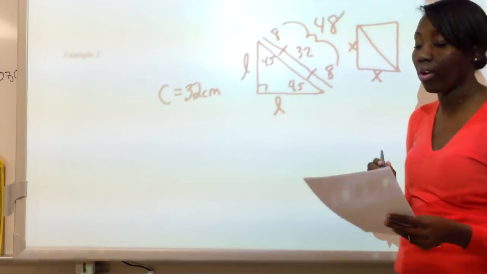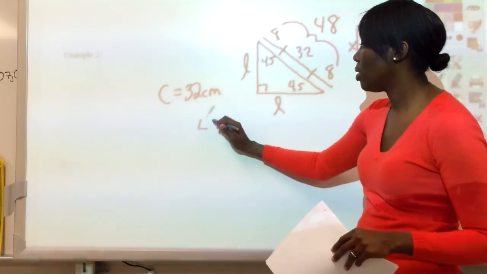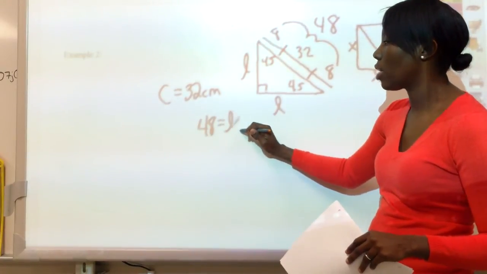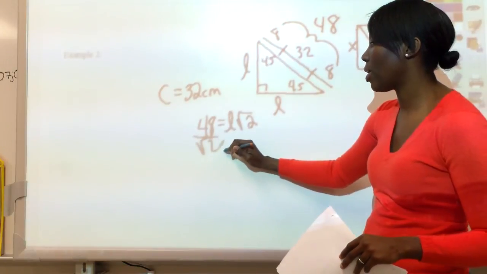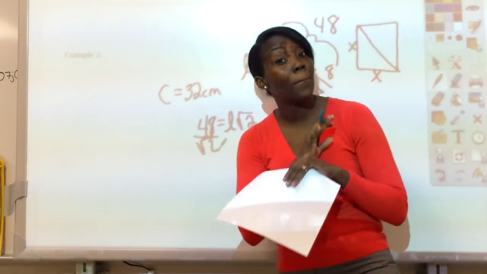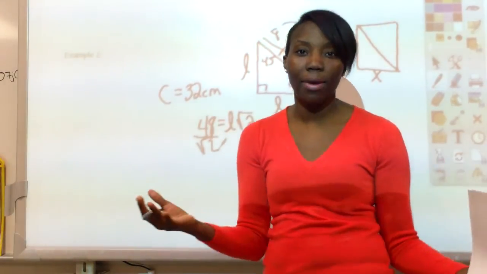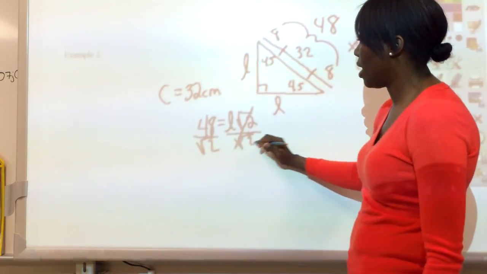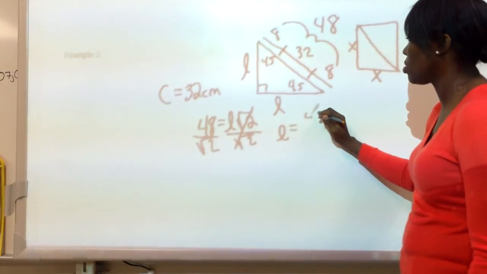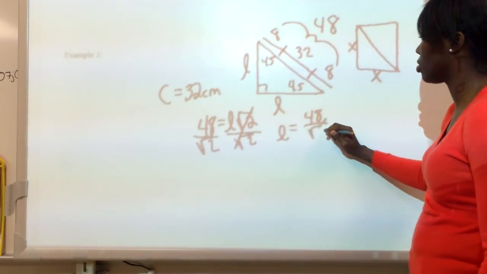So we're going to use 45-45-90 to find that. We know that 48 is equal to L radical 2. Divide both sides by radical 2. And if you want to try it on your own, pause the video, then come back and check your answer. That cancels, and so L is equal to 48 over radical 2.